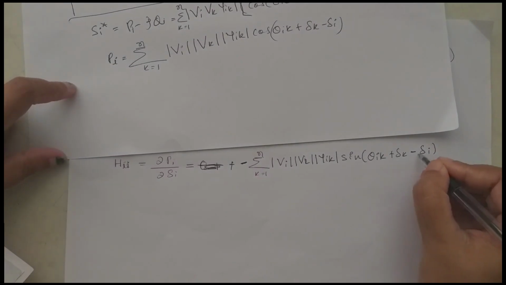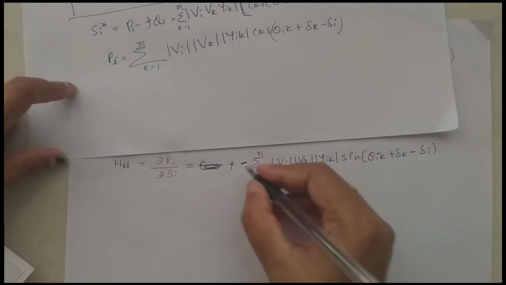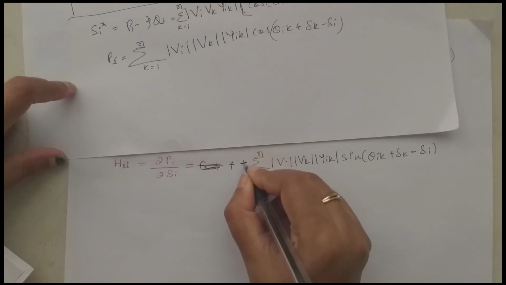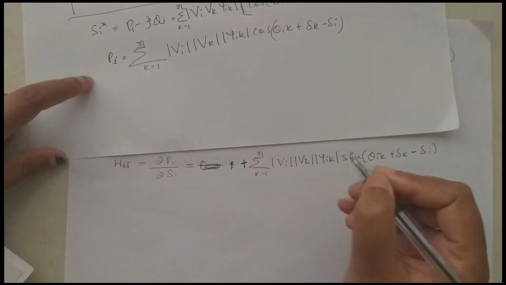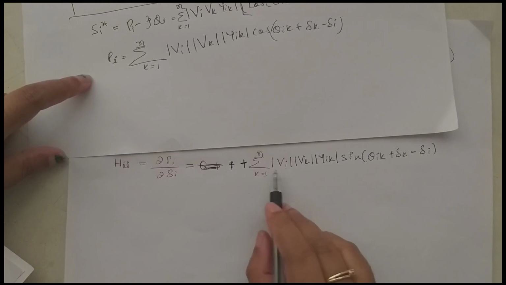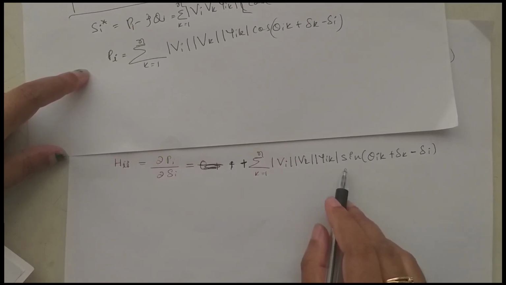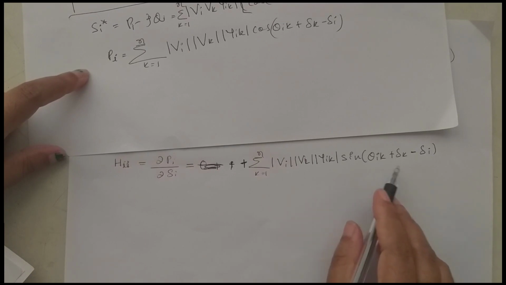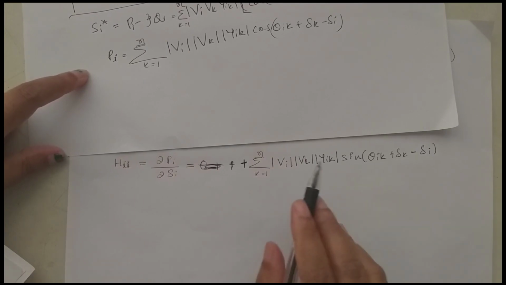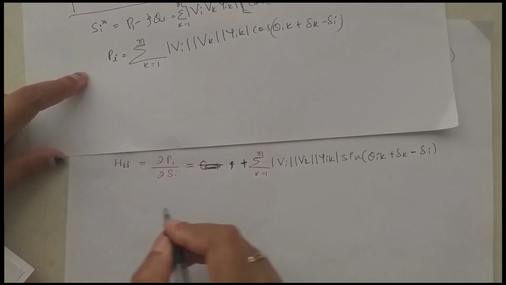Okay, just look at the coefficient of delta i, which is equal to minus 1. Minus 1 into minus, it would be plus, right? So the equation would be summation Vi Vk Yik sin(theta ik plus delta k minus delta i).